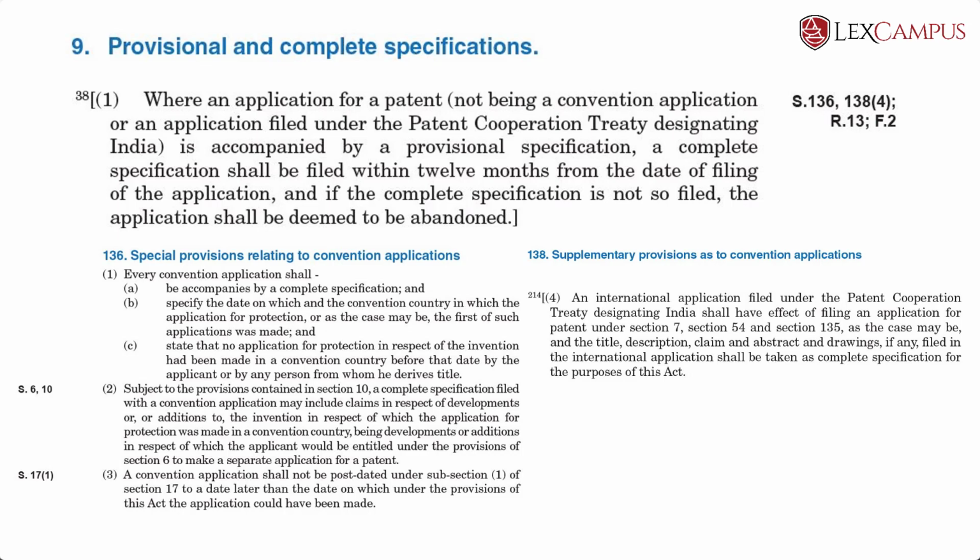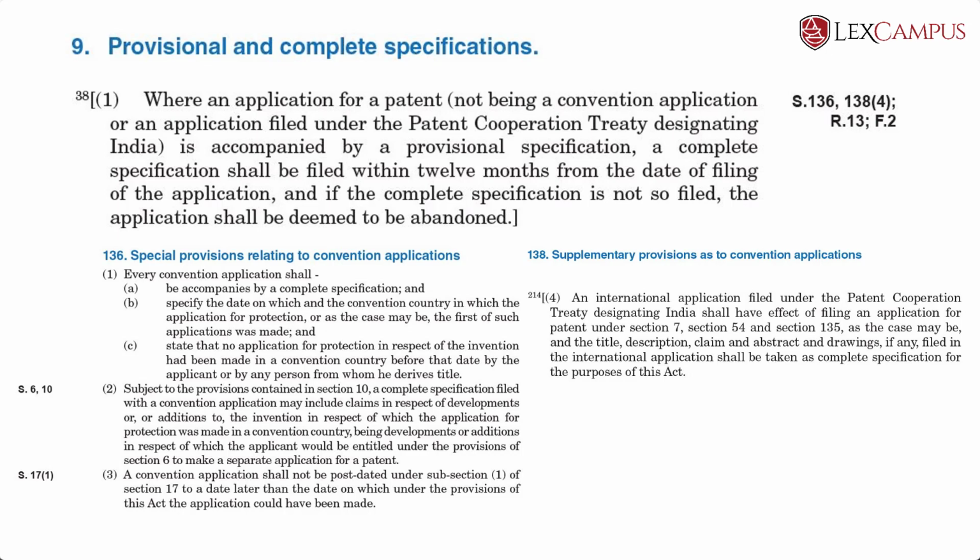You do not reply to the controller's objections, your patent will be deemed to have been abandoned. You do not file a request for examination, your patent application will be deemed to have been withdrawn. So, all these fictions are done in such a way that the patent office is always interested in shifting the burden onto the applicant.